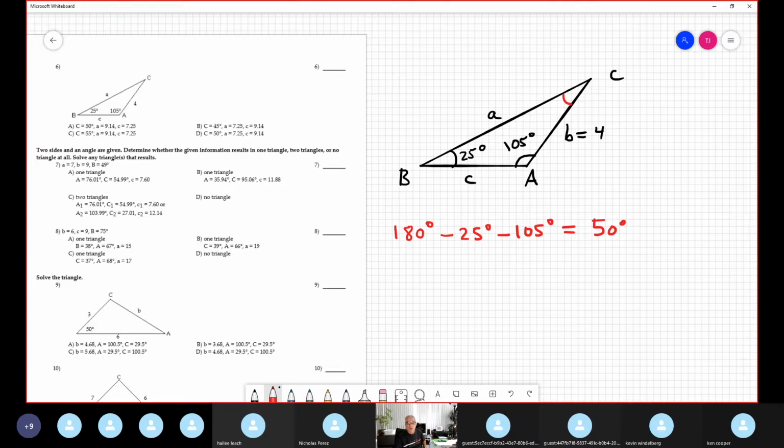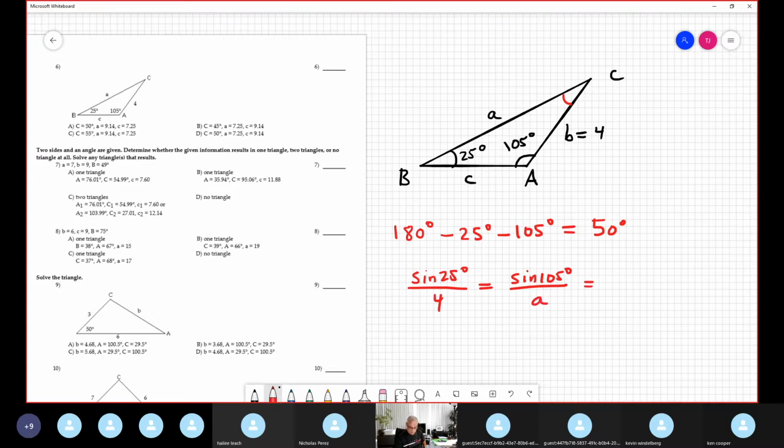And now you are ready to apply the law of sine two times. Using 25, so sine 25 degrees divided by the opposite side, 4. I prefer using the information that's given at the beginning, so sine 105 degrees divided by A.